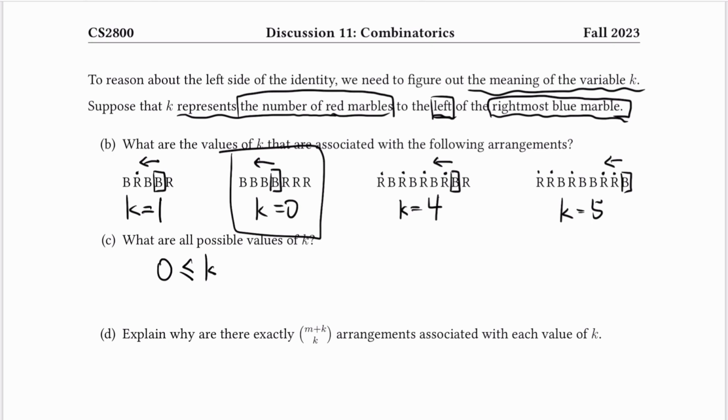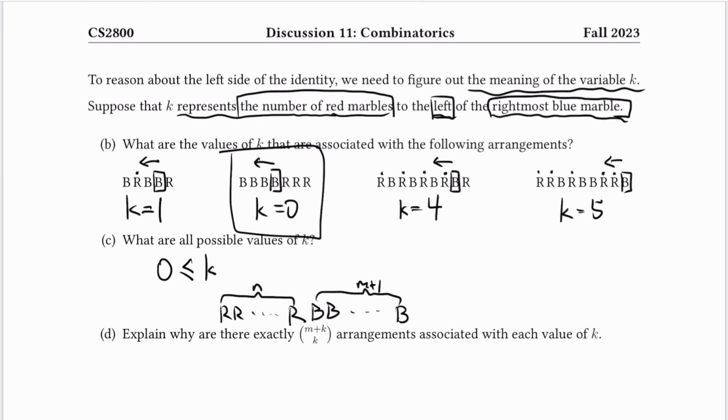where there are just no red marbles to the left of the blue marbles. And then let's consider another extreme case where all the red marbles, that is, the n red marbles, are placed to the left of all the blue marbles. So here are the remaining n+1 blue marbles.